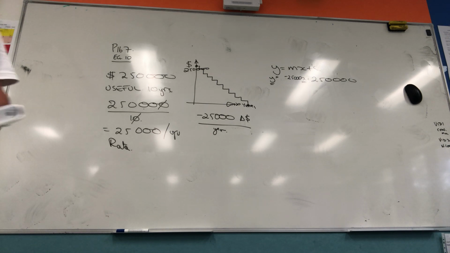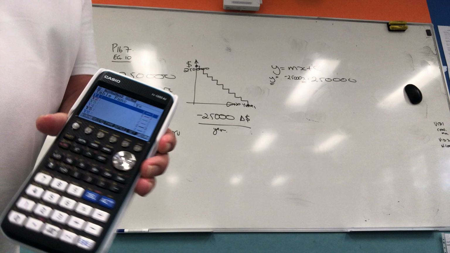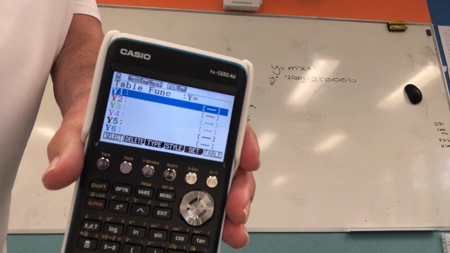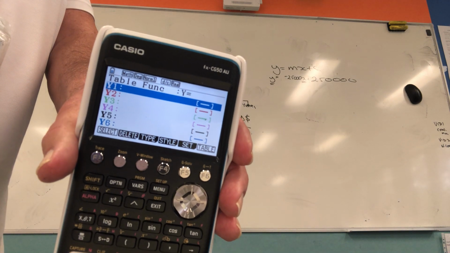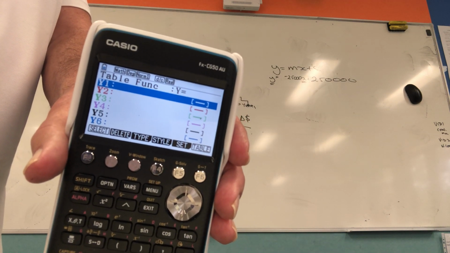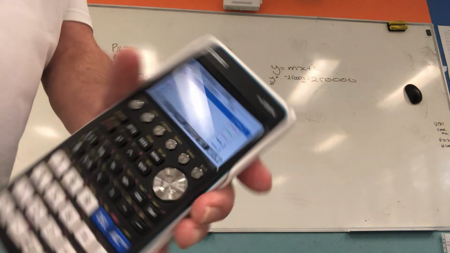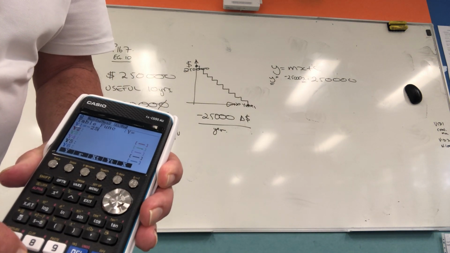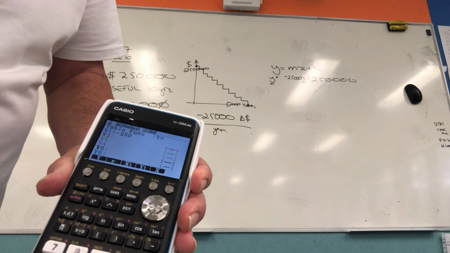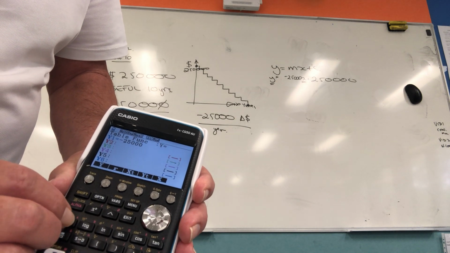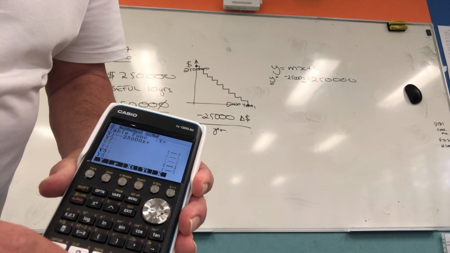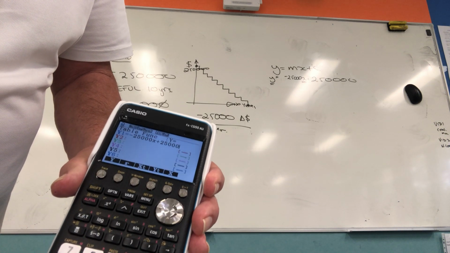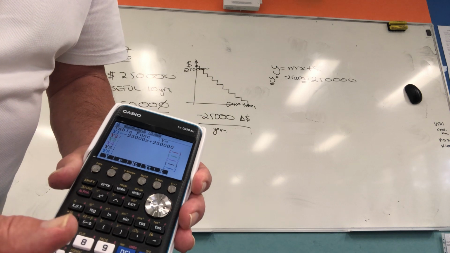Now, I need to type that into my calculator. So it's minus 25,000x plus 250,000. Execute.